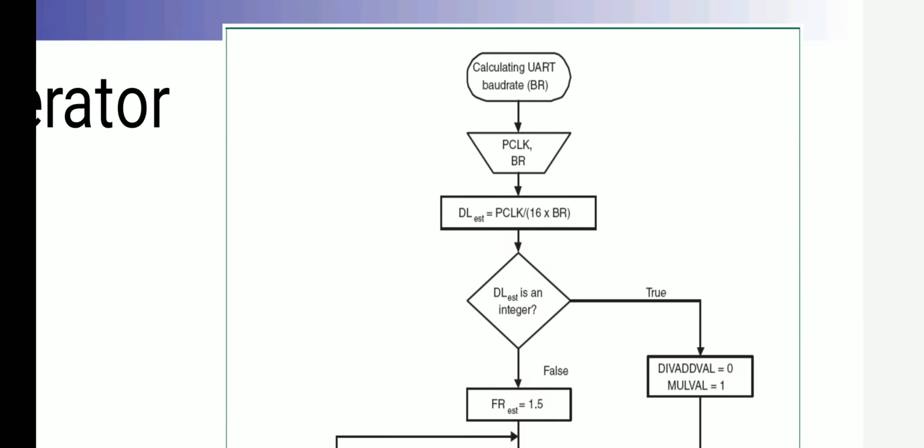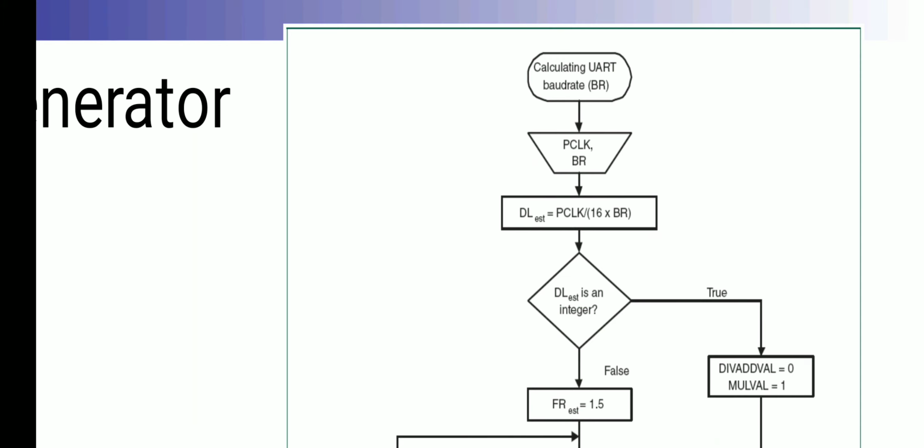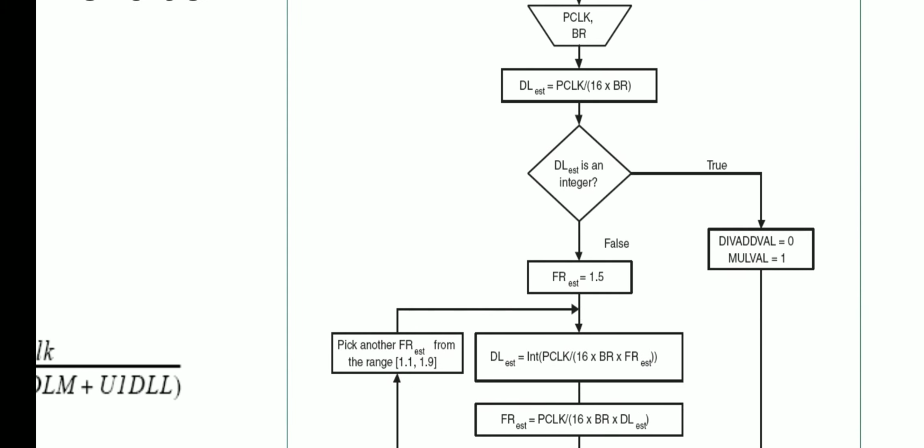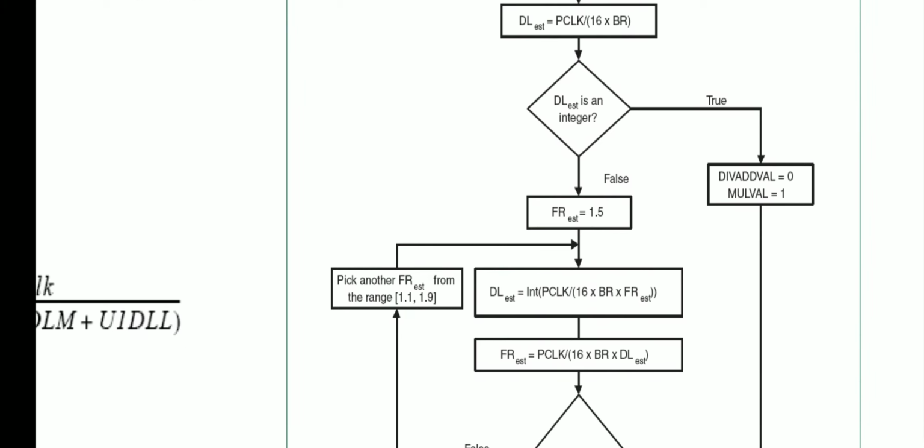There is also a flow chart to demonstrate the baud rate generator process. Here we can see the flow diagram and how it works. It calculates the UART baud rate, then goes to the PCLK and baud rate, then DL is calculated as PCLK divided by 16 times BR, then this goes to DL estimated.